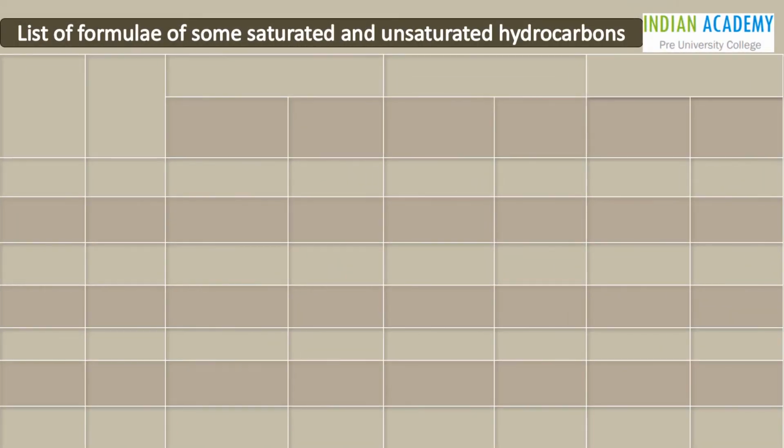Let's see how to write formula of some saturated and unsaturated compounds of carbon and hydrogen. Firstly, you need to remember the formula of alkanes, which is CnH2n+2, alkenes CnH2n, alkynes CnH2n-2, where n stands for number of carbon atoms.